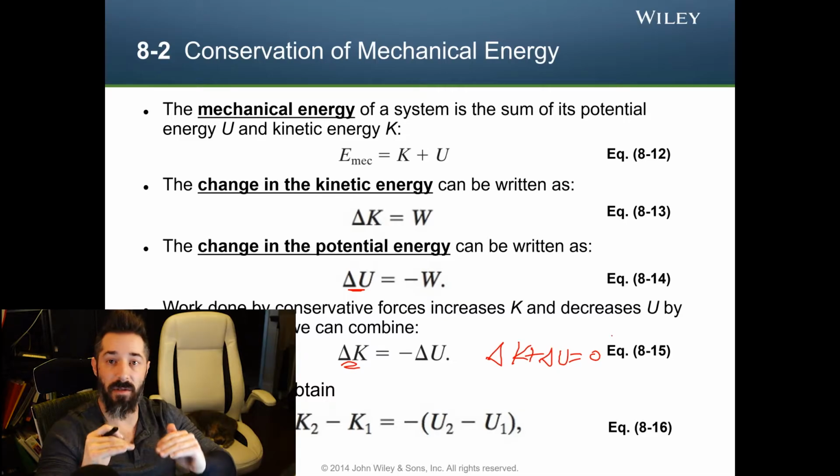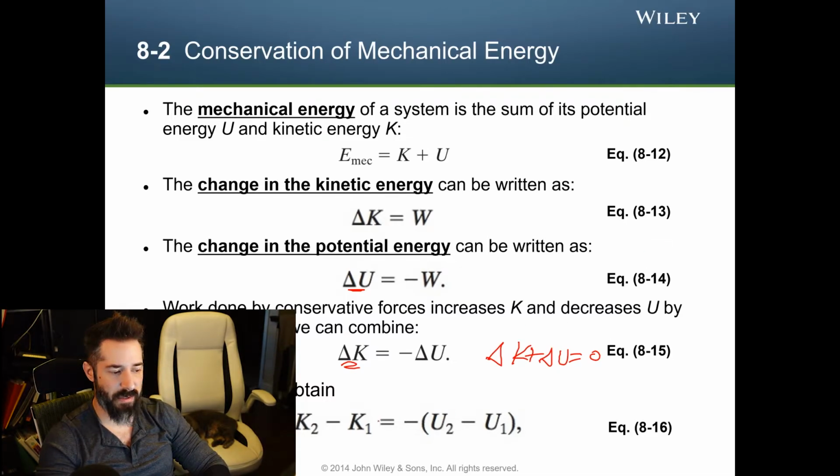Because again, that's all there is. There's potential, there's kinetic, and they're just interchangeable, but it must equal 0 if it's conservative. So again, you can have starting pieces and finishing pieces, right? You can have some initial kinetic, some final kinetic, same thing, initial potential, final potential.